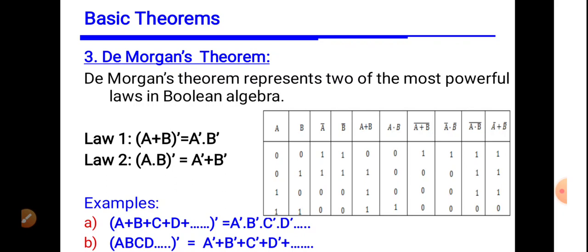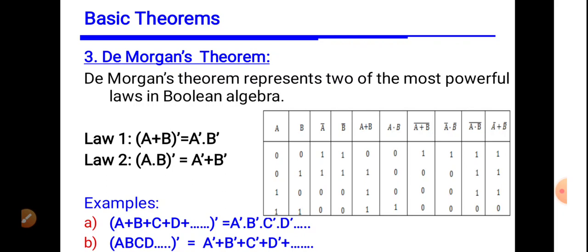Now (A plus B) whole complement. As I have already written the A plus B column, I am just complementing: wherever 0 is there it becomes 1, wherever 1 is there it becomes 0. Similarly, A bar dot B bar. Here we have written the A bar column and the B bar column separately, just multiply those two.